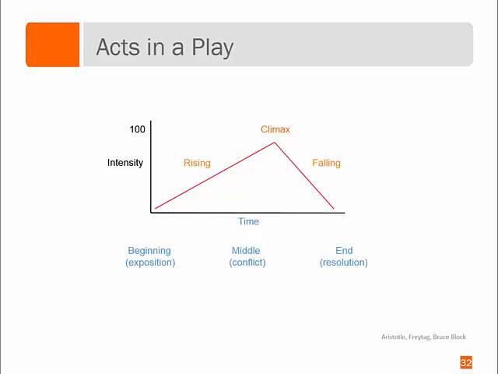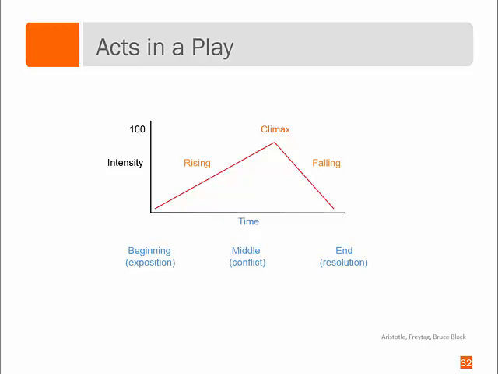In the beginning, we set the stage. We introduce the characters. In the middle, we introduce conflict between the characters, some sort of tension, and then at the end, we resolve that conflict or tension. So that's probably the most basic story structure.